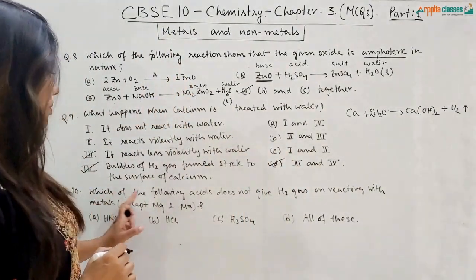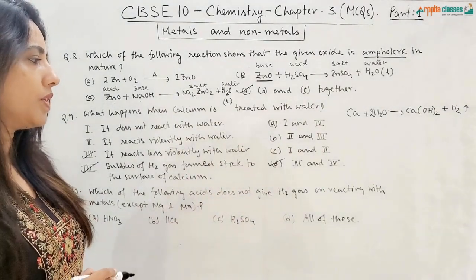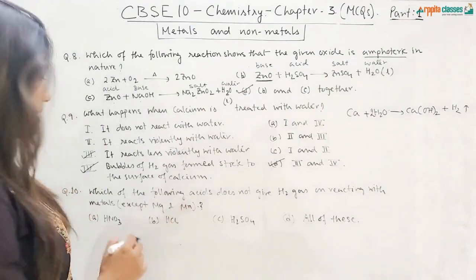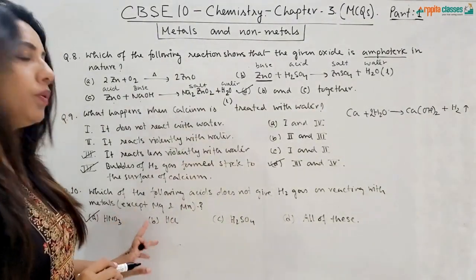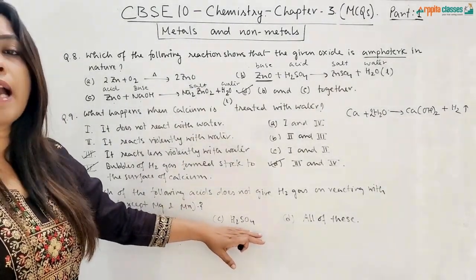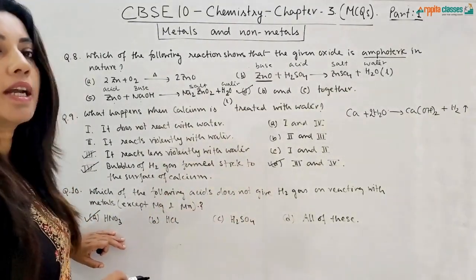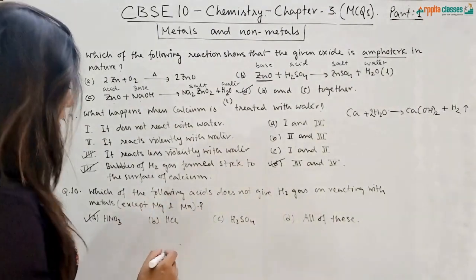Next question is, which of the following acids does not give hydrogen gas on reacting with metals except magnesium and manganese? Here the answer will be HNO3, because we know that HCl and H2SO4, when they react with metals, release hydrogen gas, but HNO3 does not do that except with Mg and Mn.